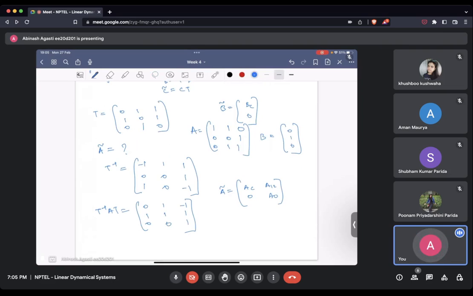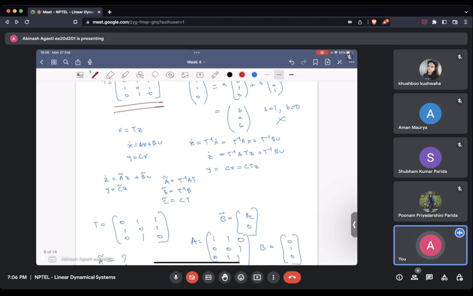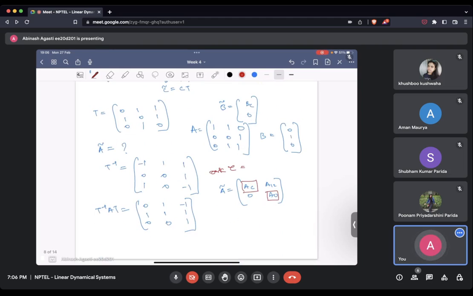made, like decomposed, into these matrix blocks, where this one will correspond to the controllable part and this one will correspond to the uncontrollable part. So what is the rank of our C matrix? The rank of our C matrix is 2. Okay.